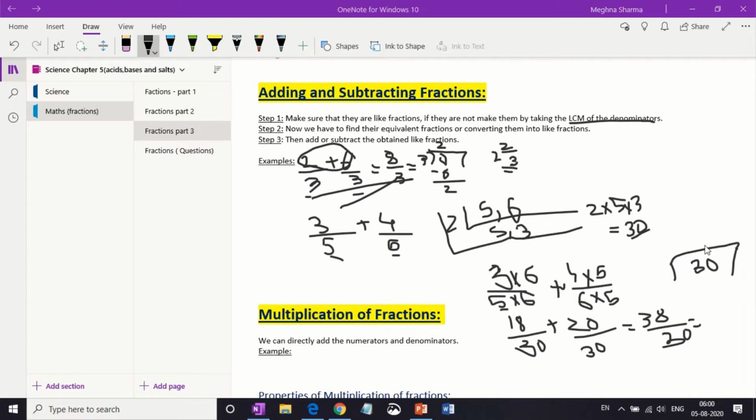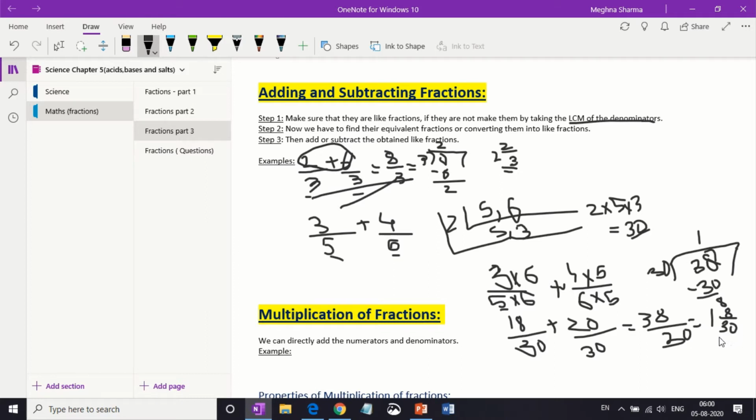Here we have to take 38 and we have 30. 38 divided by 30: one 30 is 30. You get remainder 8. So your answer will be 1 8 by 30. This is your final answer.